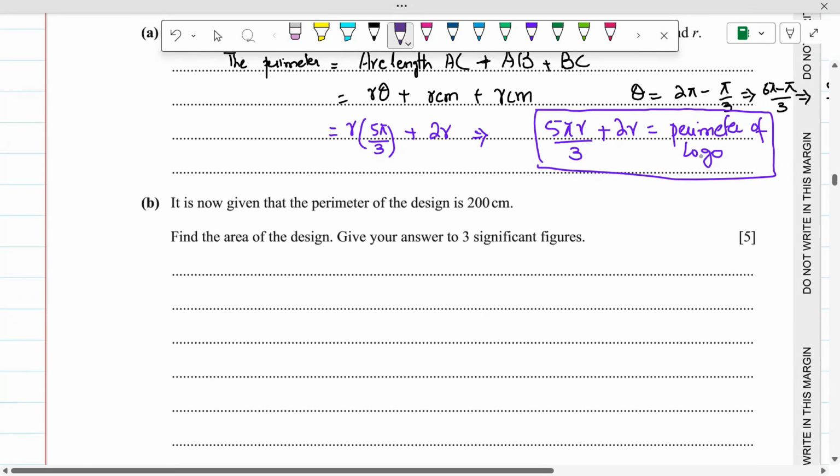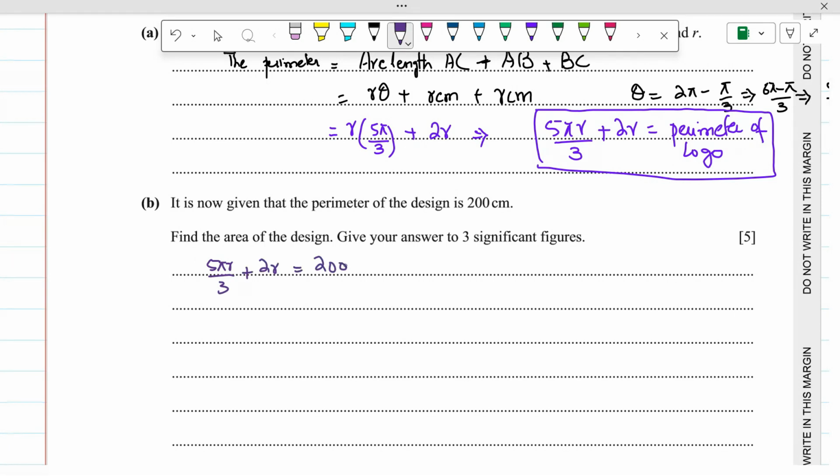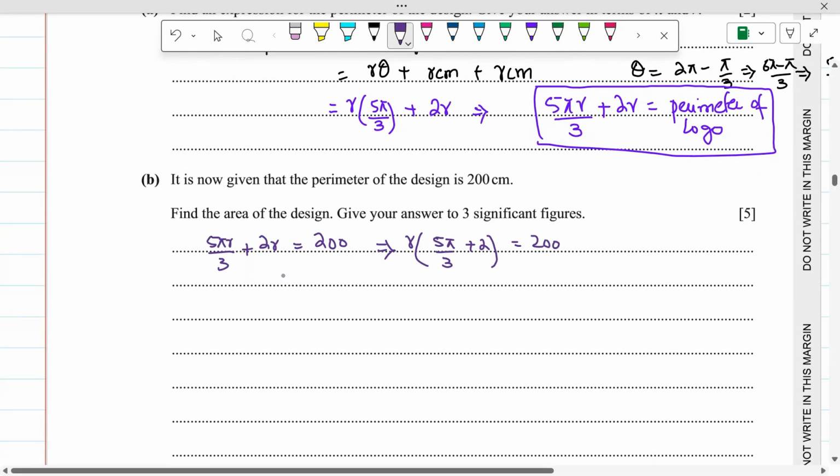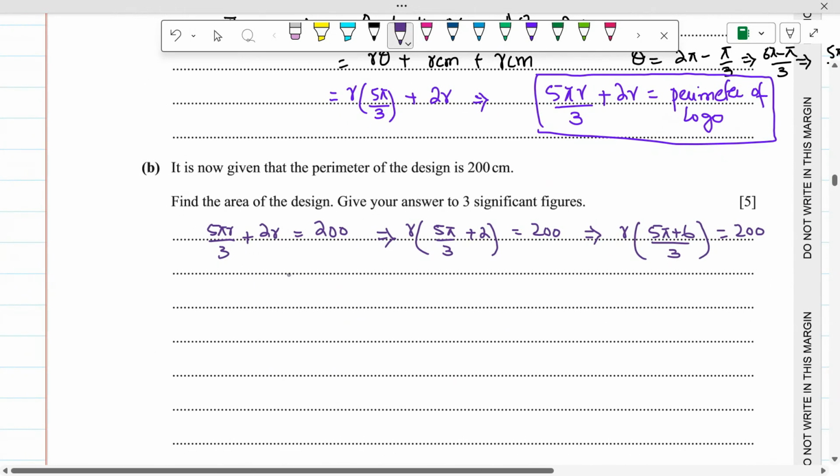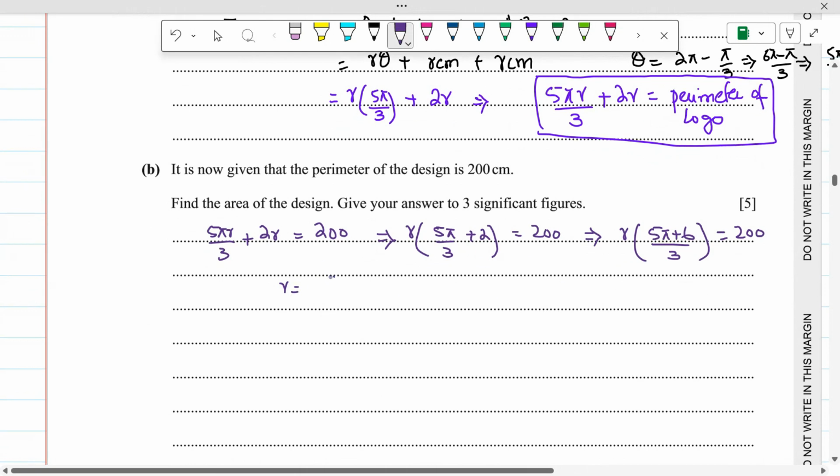So the perimeter, 5 pi r over 3 plus 2r, is equal to 200, and this is r times 5 pi over 3 plus 2 equals 200, which is r times 5 pi plus 6 over 3 equals 200. So we can say that r is equal to 600 over 5 pi plus 6.